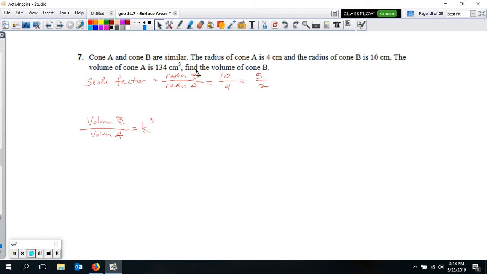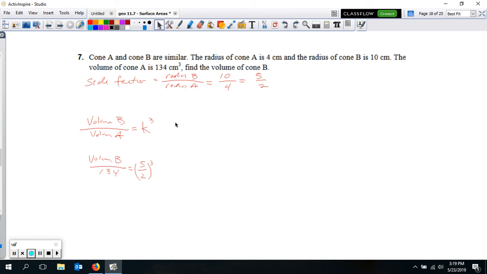Well, the reason is because I know cone A's volume, so it's going to make it easier for me when I get down to here. All I need to do is multiply both sides by cone A's volume. Whereas if it's on top, it makes it a little more challenging to solve the proportion or equation. So when I plug everything in, we can plug in 134 down here, and we're going to plug in 5 over 2 for our scale factor. So volume of B over 134 is equal to 5 over 2 cubed.